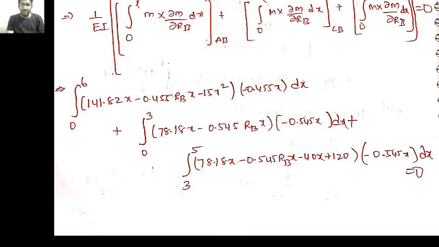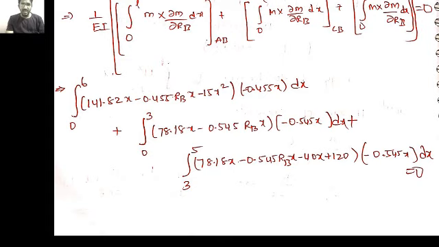When you equate to 0, 1 by EI we send to the right-hand side, then it must equal 0, and the only unknown is RB, after applying the upper limit minus lower limit. So RB must be equal to 0, and finally we got some RB value.